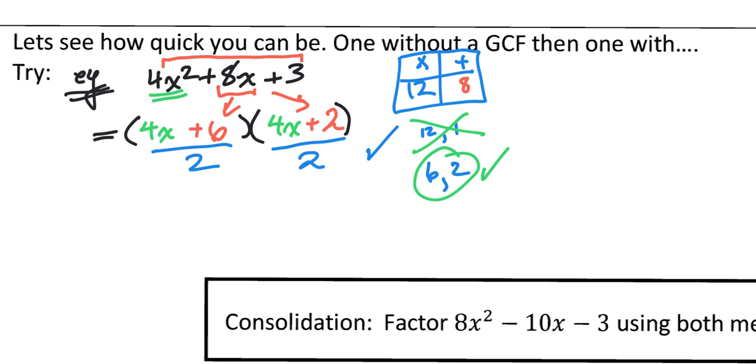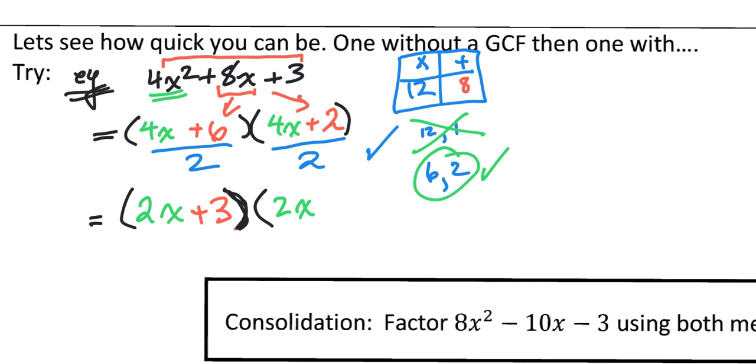So now when we come out with our final answer, we end up with something that looks like this. Well, 4x divided by 2 is 2x. 6 divided by 2 is positive 3. And now 4x in the second bracket divided by 2 is 2x.